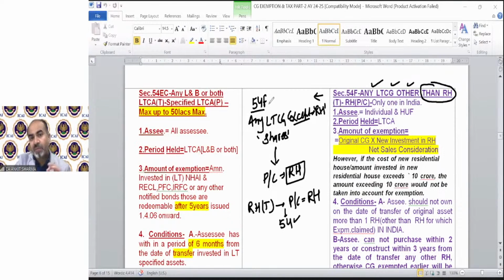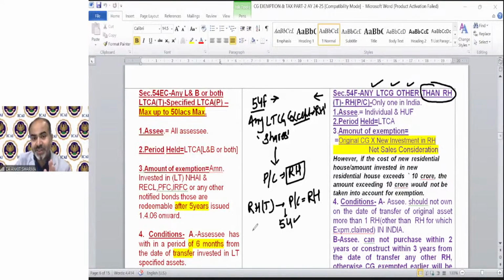That's why 54F has been made for those assessees who do not have a residential house or who do not want to transfer their residential house but want to purchase a residential house.